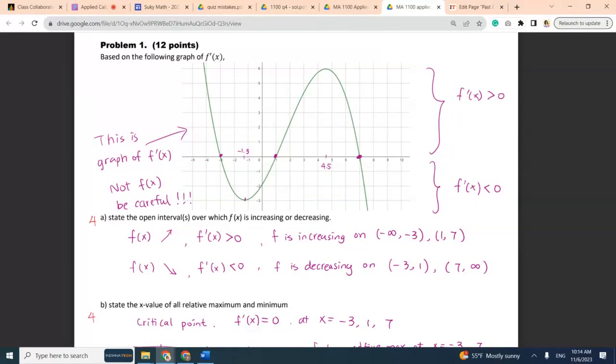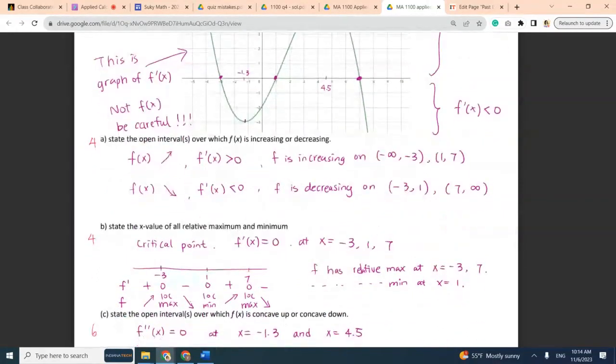And then the exercise for the relative max and min. A critical point is when the derivative is 0. So those 3 points. You can look at the graph and construct the table. You have those 3 points.